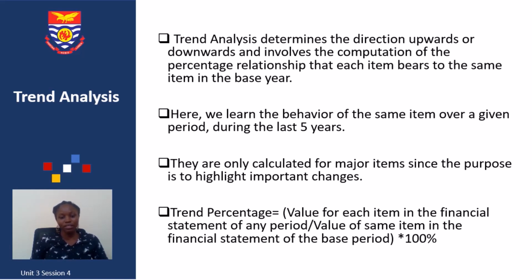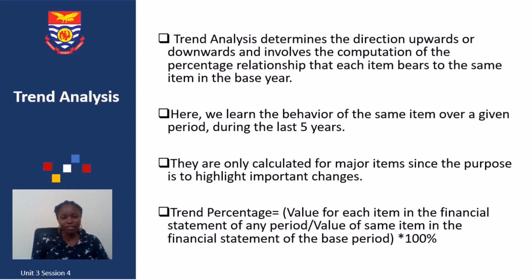In calculating the trend percentage, you divide the value for each item in the financial statement of any period by the value of the same item in the financial statement for the base period, and you multiply by 100. For example, let's take sales.